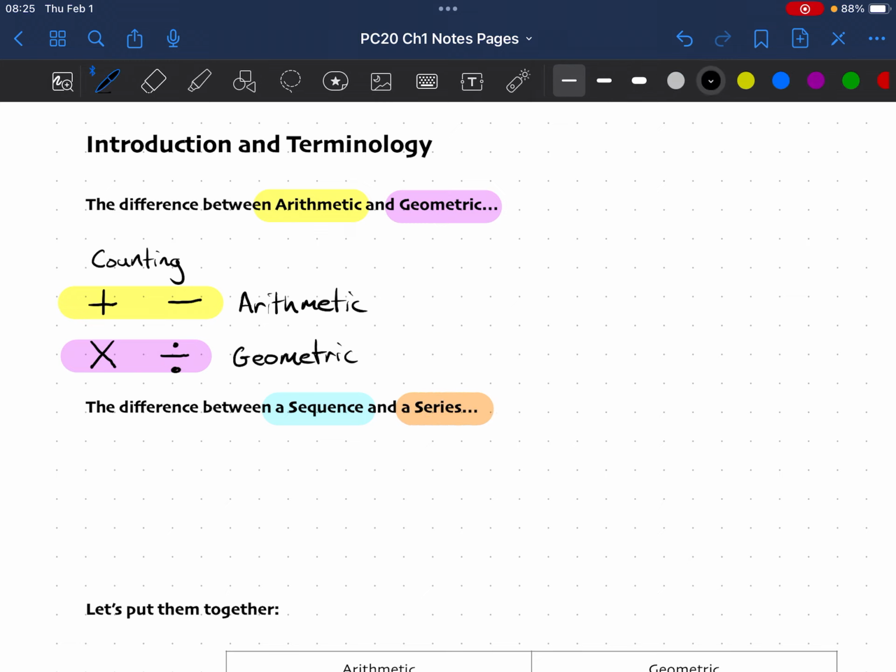All right, a sequence is just a list of numbers that follow a regular pattern.